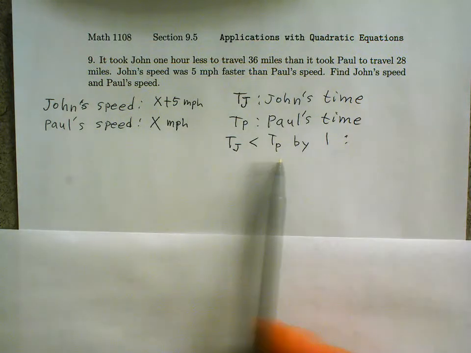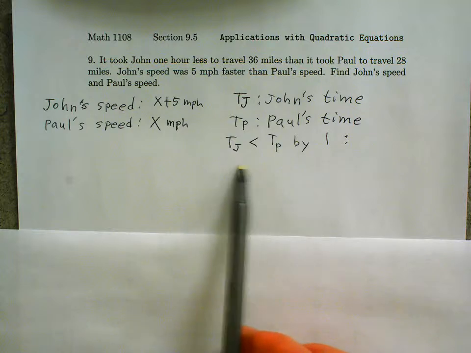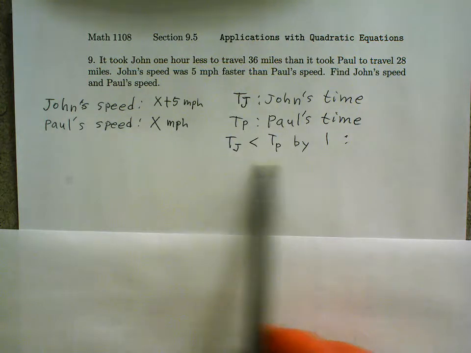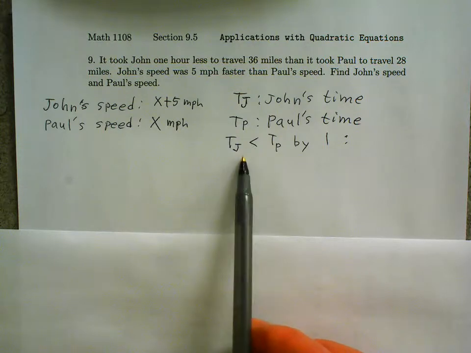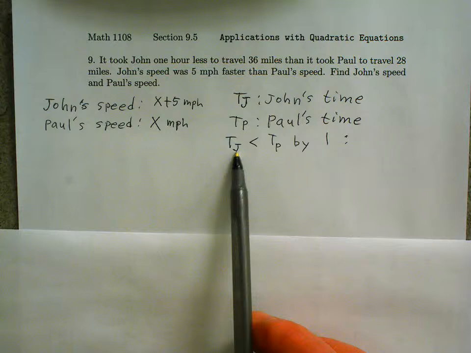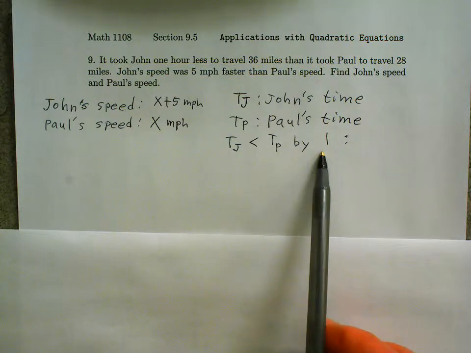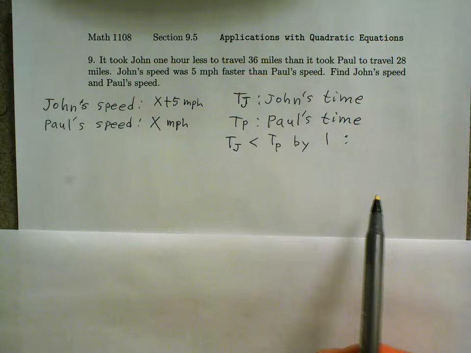And we can convert this into an equation, which will be useful in a couple of minutes. There's 4 ways that we can use this inequality and convert it into an equation.